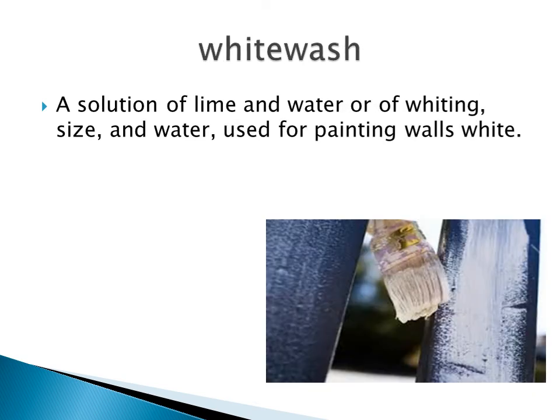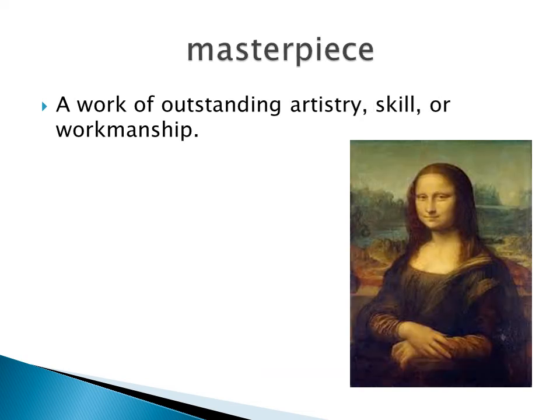Whitewash is our next word, a solution of lime and water or of whiting size and water used for painting walls white. That's whitewash. Masterpiece is our next word, a work of outstanding artistry, skill or workmanship. That's masterpiece.